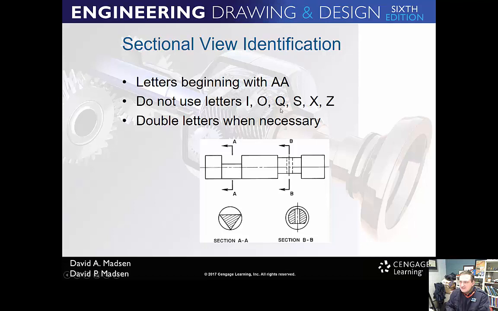I just adjusted it. So anyway, you can use double letters, like AA, AA if you had to. I'm not exactly sure why you would have that many sections, but hey, you never know.